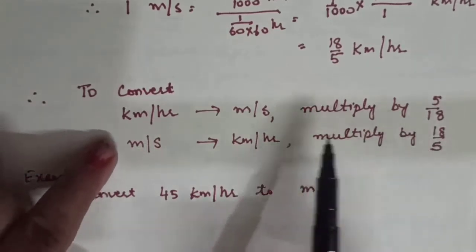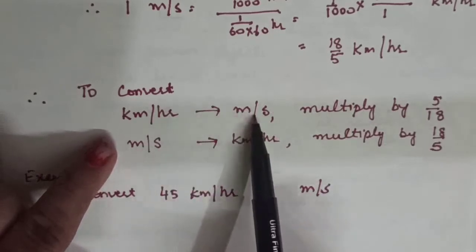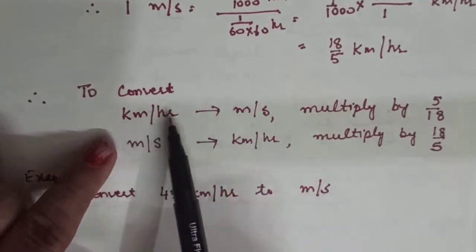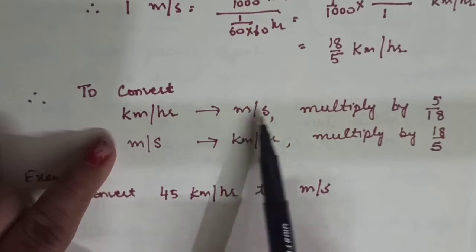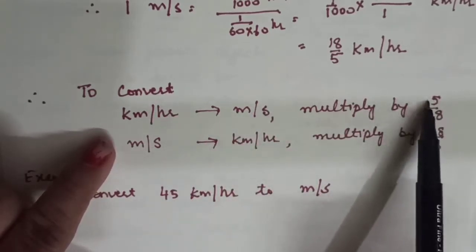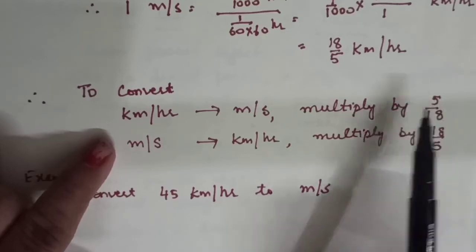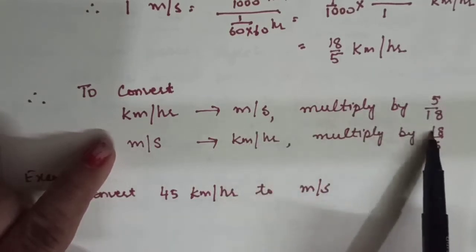When we are converting to a smaller unit, here kilometer per hour is bigger than meter per second, so meter per second is smaller. We are converting to the smaller unit, so the smaller number between 5 and 18, that is 5, is in the numerator. Same way here, converting to the bigger unit kilometer, the bigger number is in the numerator.